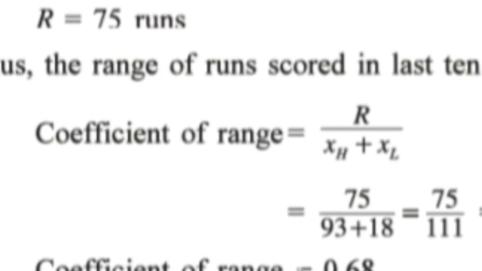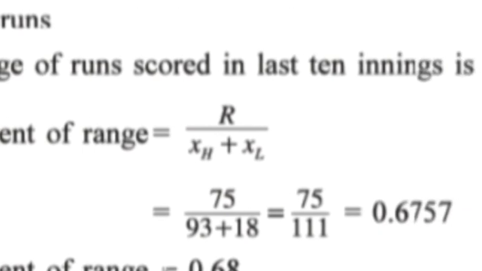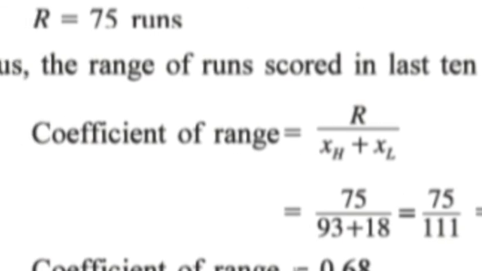Children, over here we can't have its units, because you will find that in the numerator runs are there and in the denominator also runs are there. That's why in the final answer you can't have the units, which is runs. So over here our coefficient of range is 0.68, and it is actually the relative measure.